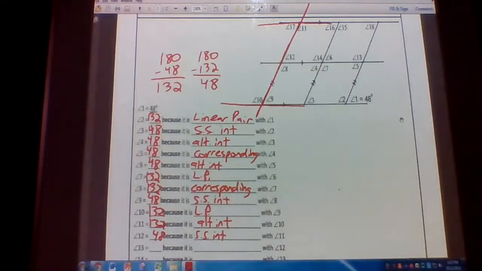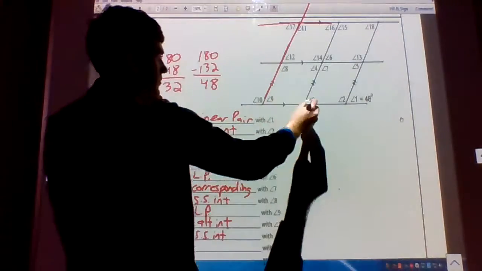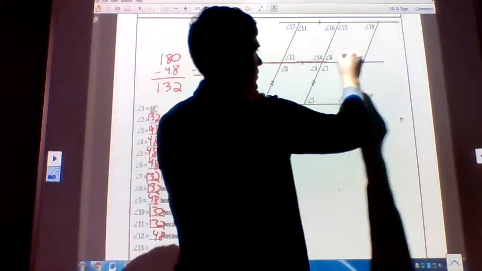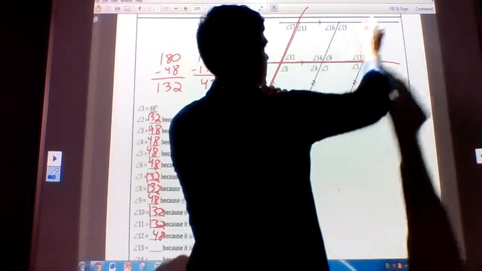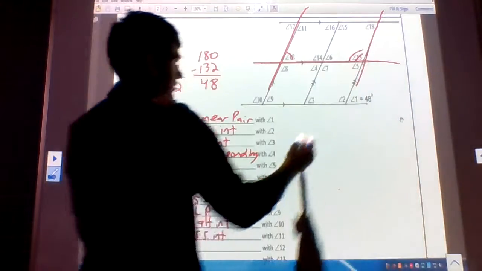What are we on? 12 and 13? Those are same side interior. Here's our two lines. So these are same side interior, so they're supplementary.